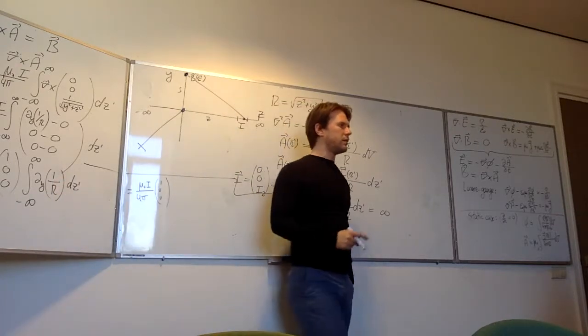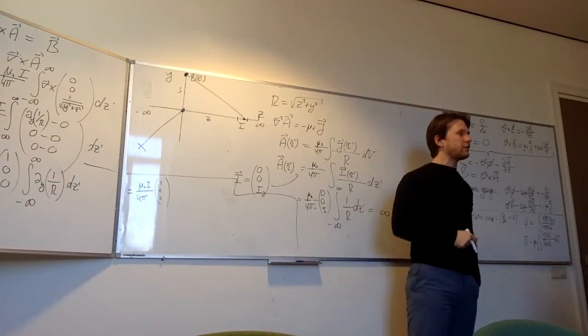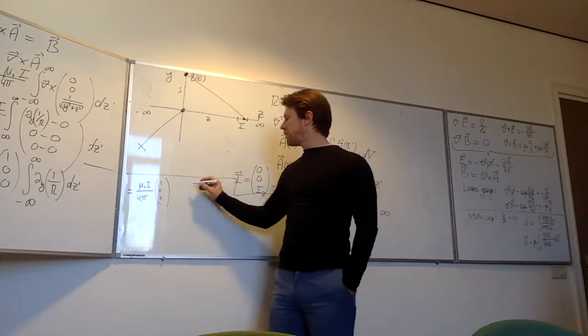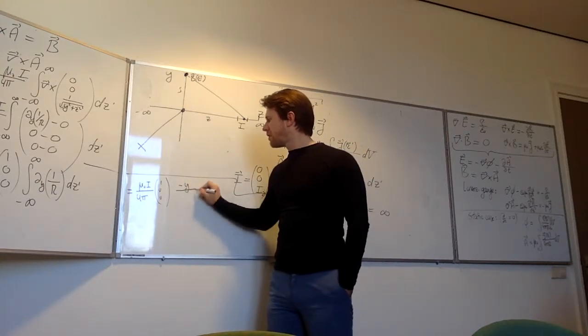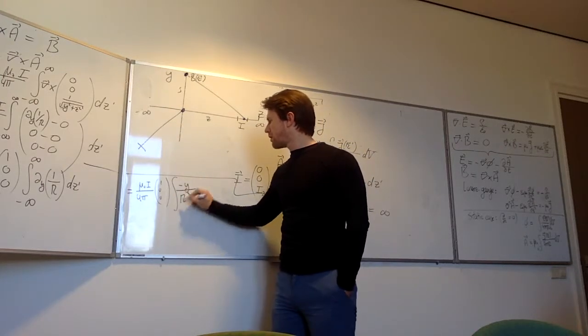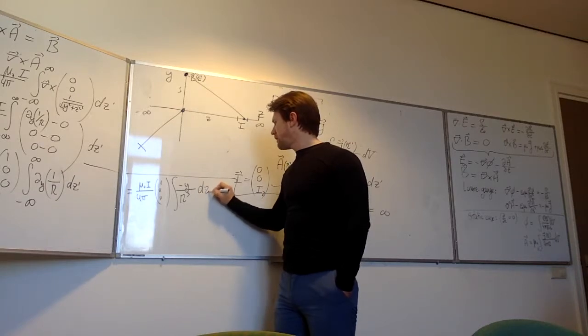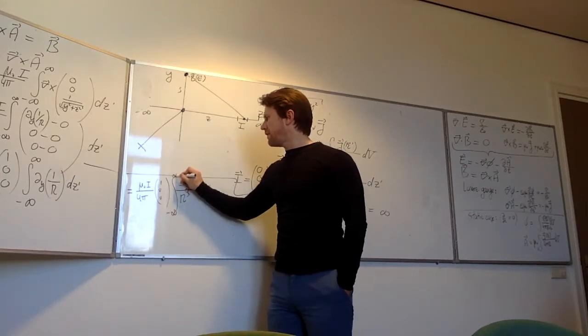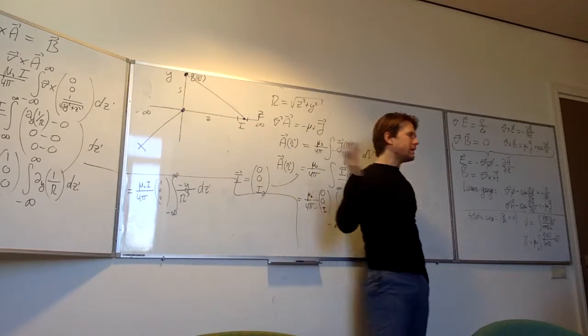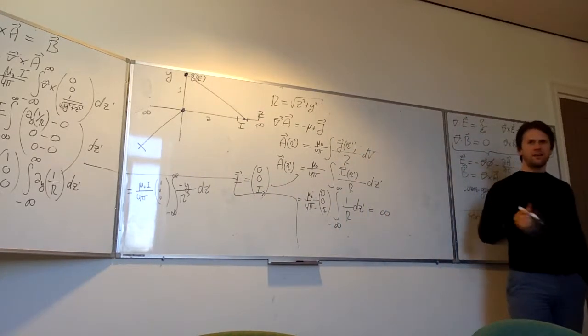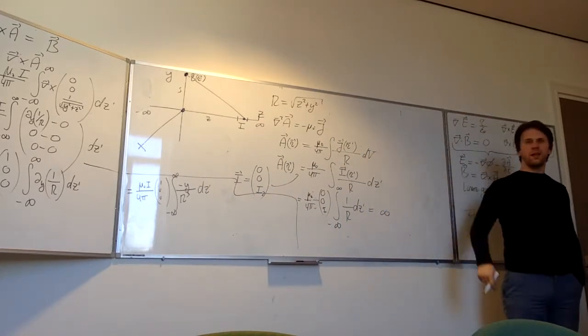Recall what it was from the previous exercise. Let me just write down what it is. It was minus y over r to the 3, dz prime from minus infinity. It so happened that during the electric exercise before, we found the same derivative.